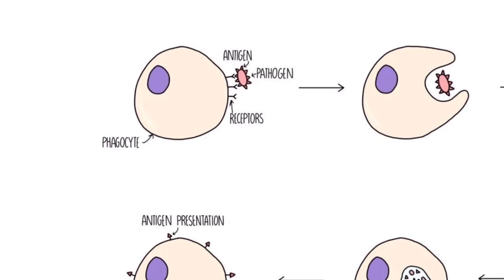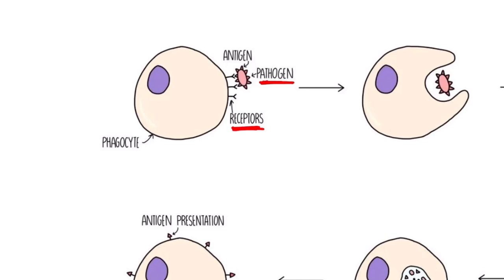This big cell is a phagocyte, and the phagocyte has specific receptors. A pathogen has entered the body. The pathogen has specific antigens present on its surface. Those antigens are going to bind to the receptor of the phagocyte.